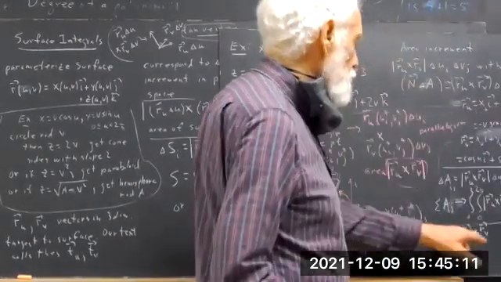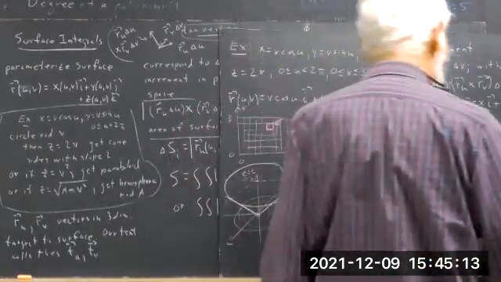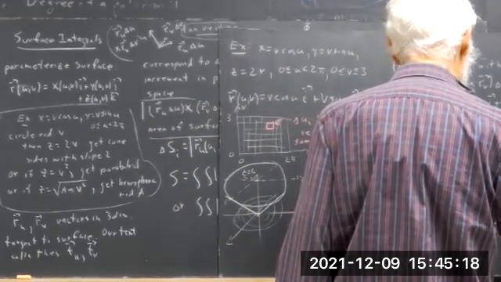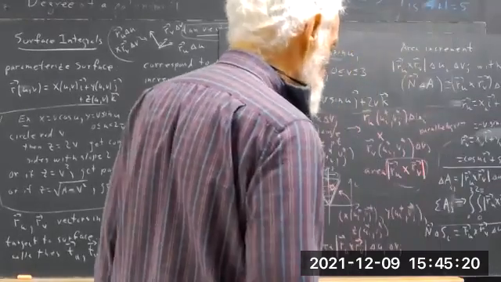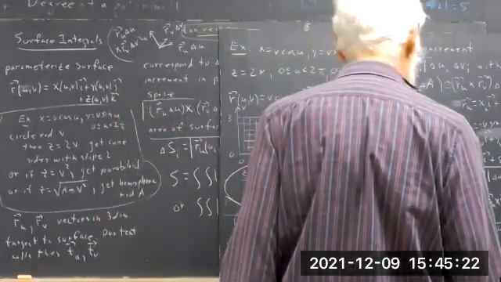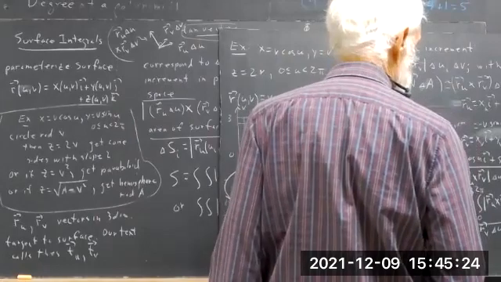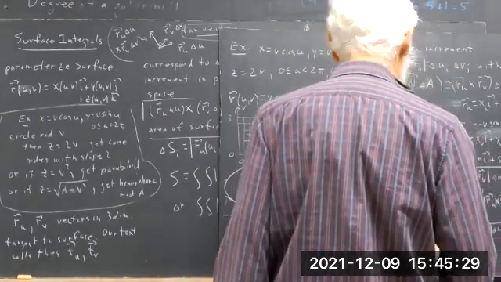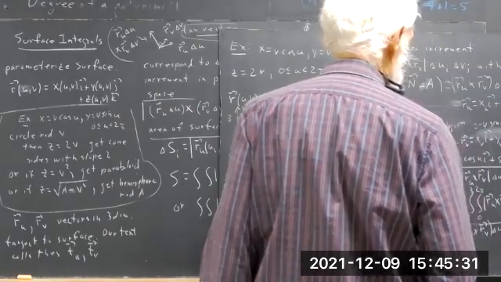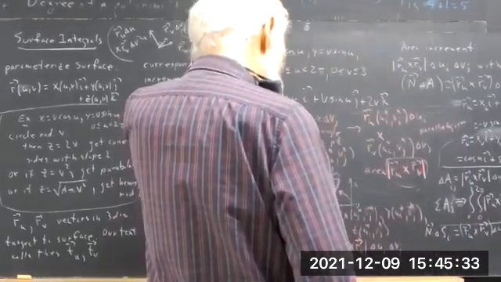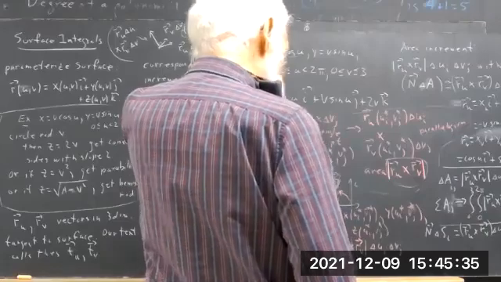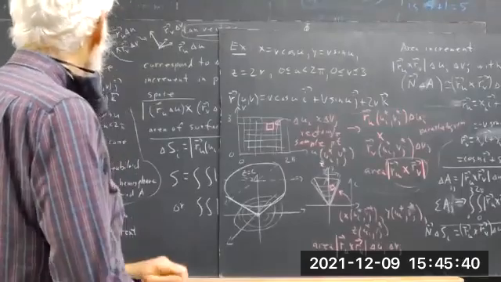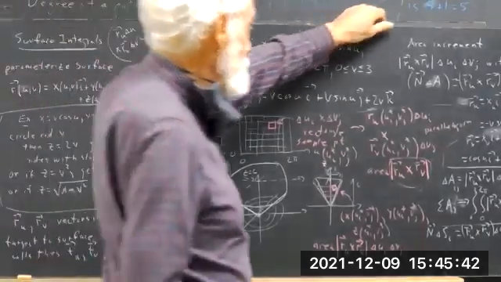That would be the full vector RU cross RV, delta UI, delta VJ. I'm going to leave it at that for right now because I haven't introduced notation for your vector field.